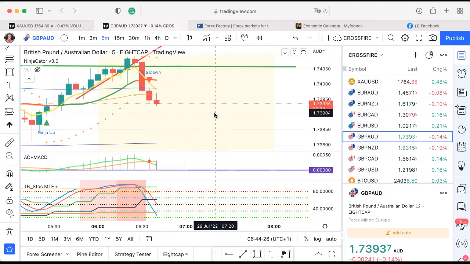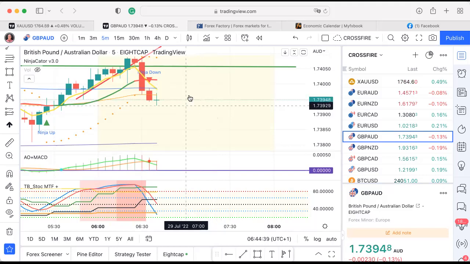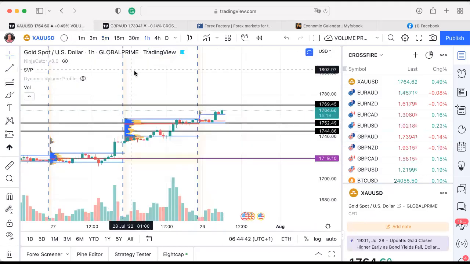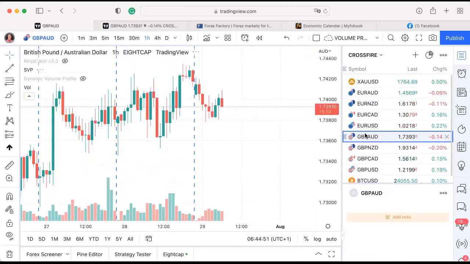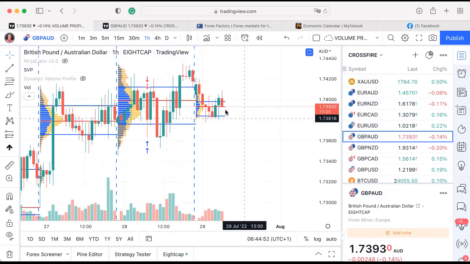But it's interesting as well. Only because I did it by accident, I had my V70 screen up and I put it on top of that, and it's actually sitting on the POC for today for the GBP Aussie. So it's interesting that it's sitting there. Yes. Well, we need to be on the AUD. Yes, exactly.